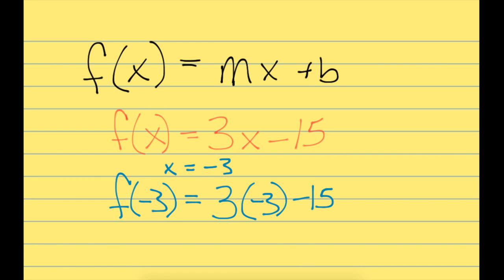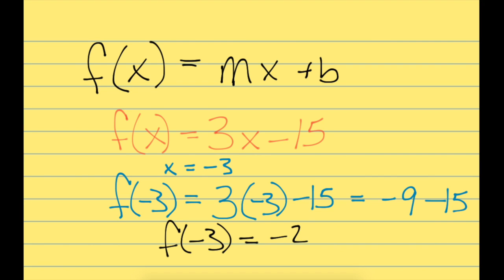And so I'd have 3 times negative 3, which is negative 9, minus 15. So f of negative 3 equals negative 24. So what that tells me is that when negative 3 goes into my function, negative 24 comes out. So that's how I write that my input is negative 3, my output is negative 24.